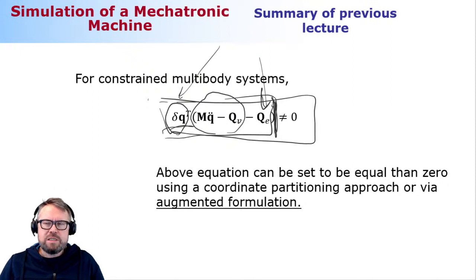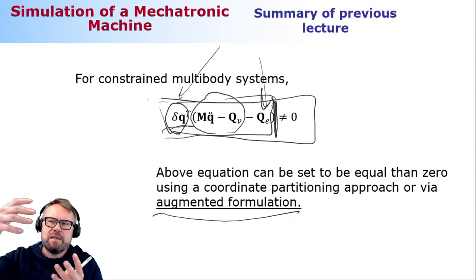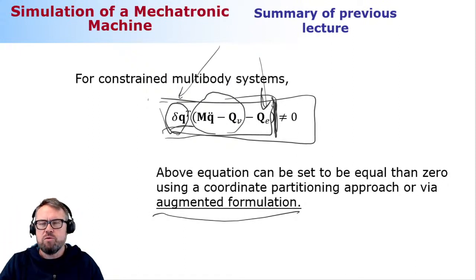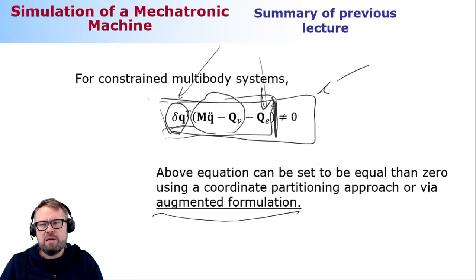There are actually several forcing techniques. We learned last week that there is a method based on Lagrange multipliers called the augmented formulation. This is where we add the constraint to this equation with the help of Lagrange multipliers.